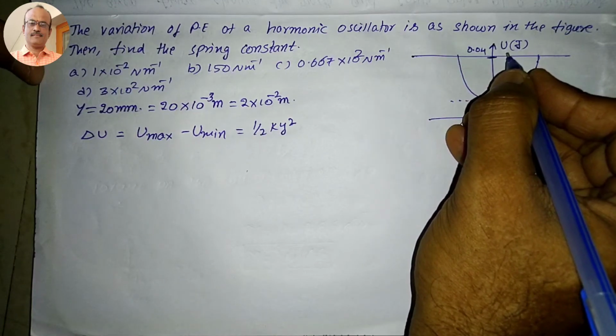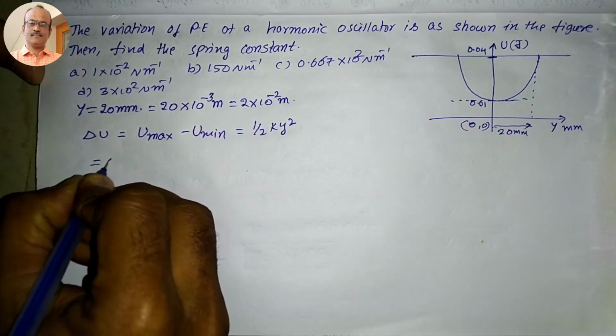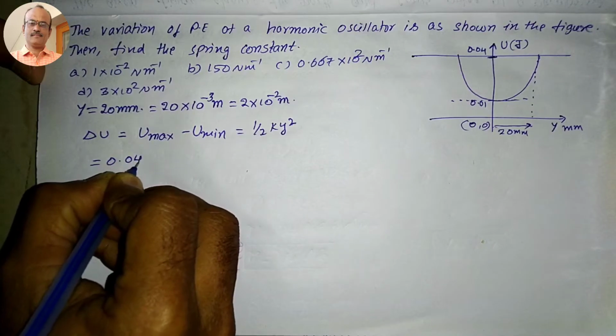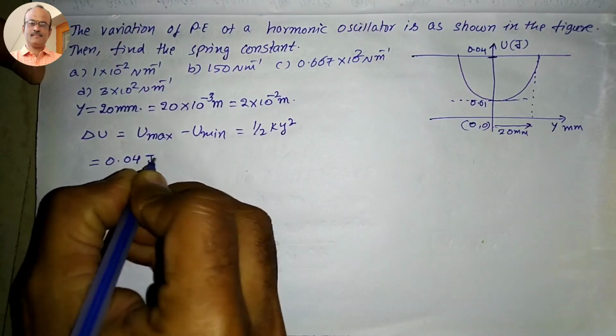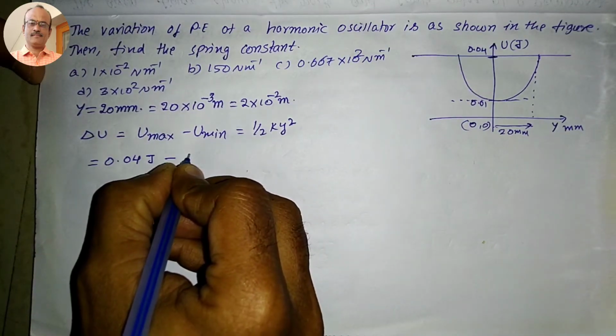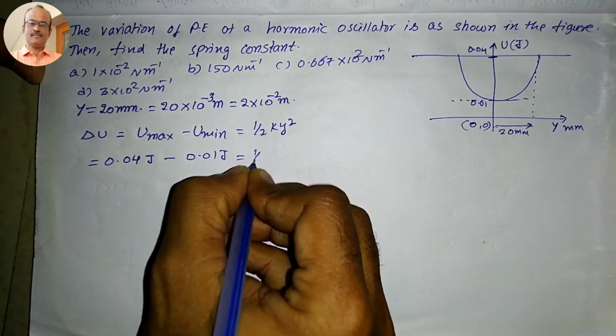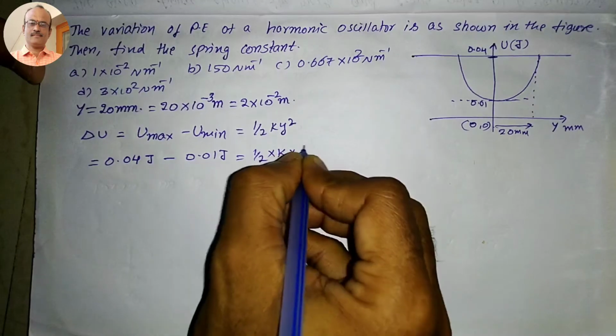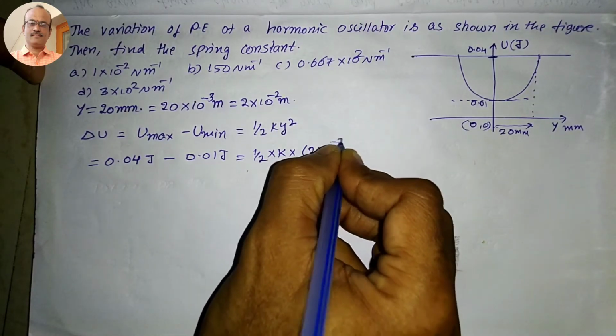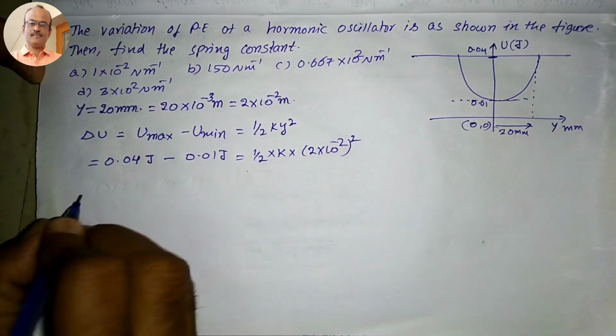So what happens here: 0.04 joules minus minimum, that is 0.01 joules, is equal to half into k into 2 into 10 to the power of minus 2 whole square.